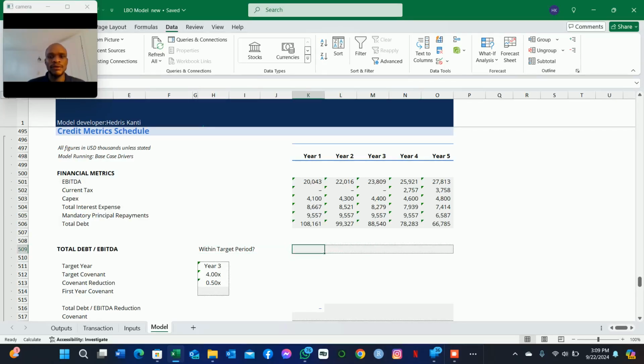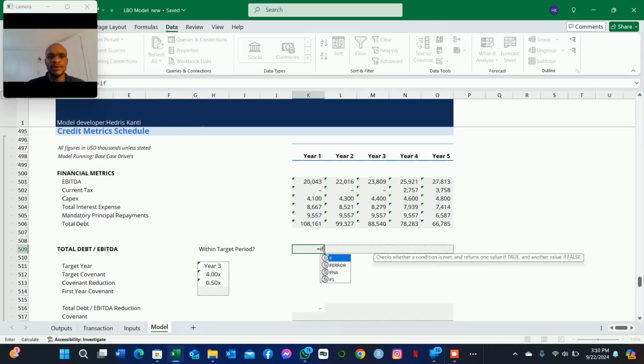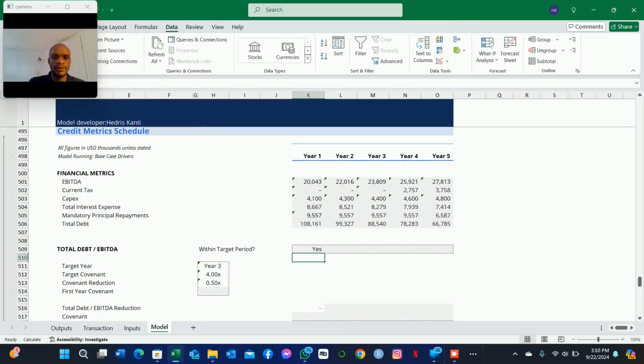In order to set up our time period, it's going to be based on an if statement. We're going to say if the year we are in is less than or equal to our target year of covenant, then give us a yes, otherwise give us a no. We custom formatted that already. The yes is equal to 1 and the no is equal to 0.